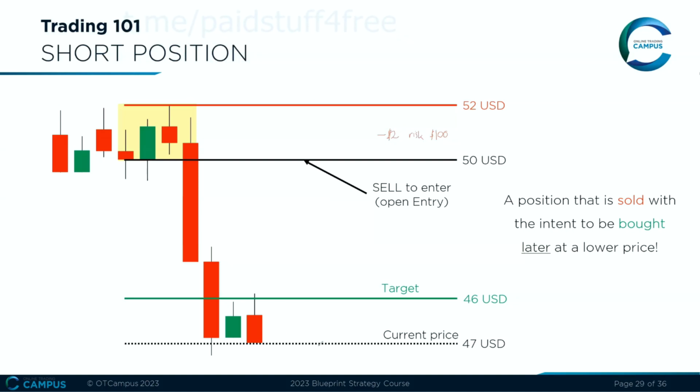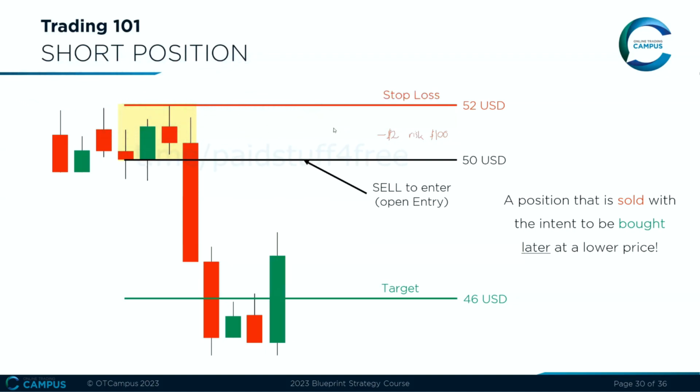So notice current price is still down here. So what's going to happen now is we can see that price is slowly creeping up. So far, nothing has happened yet, right? We still have our entry, we have our stop loss, and we now also have placed our target here. And our target would be +$4, right?